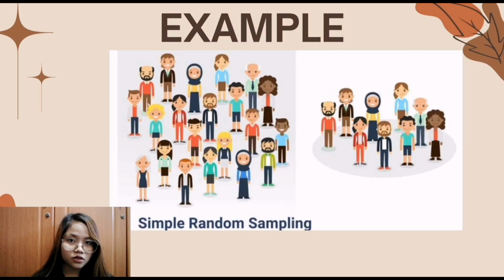So, this illustration shows that the people are randomly selected from the population to provide the samples. We have a population of 1,000 individuals, each numbered 1 to 1,000. So, from this group, we randomly select the 100 people for the sample data.